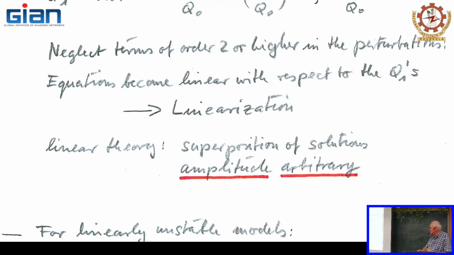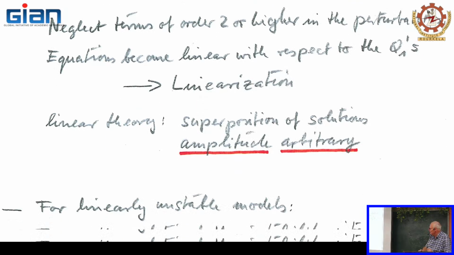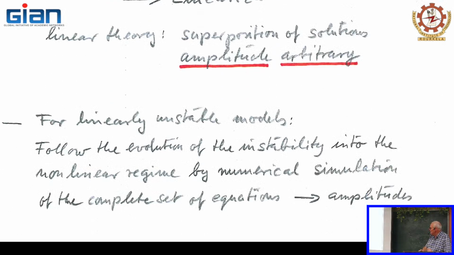So the third step, once we have done all that linear analysis, is to follow the evolution of the instability into the nonlinear regime. This can only be done by numerical simulation. So we have to solve the full set of the equations which we have seen just before.